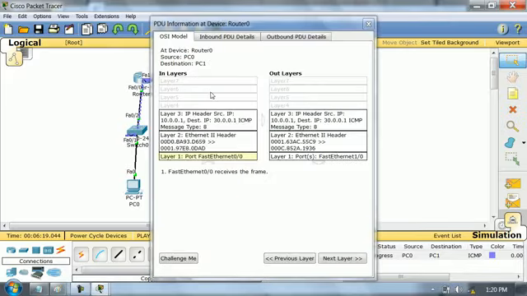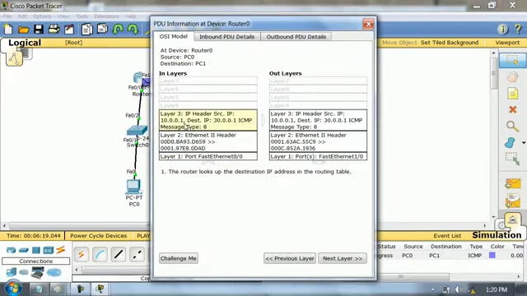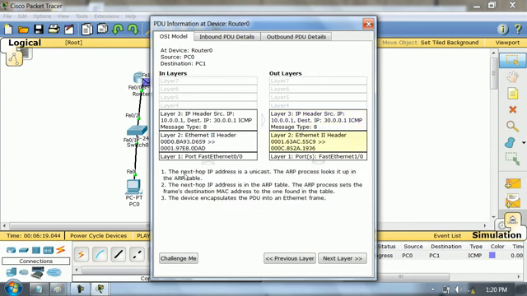Now see, source IP is, destination is, source MAC is of computer and destination MAC is of router's interface FA0/0. When router is forwarding the packet, the router finds the routing entry, the router decrements the TTL. Now the next hop IP address, the router will look it up in the ARP table.